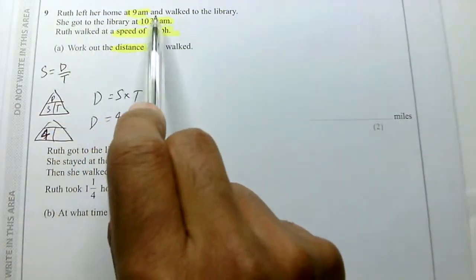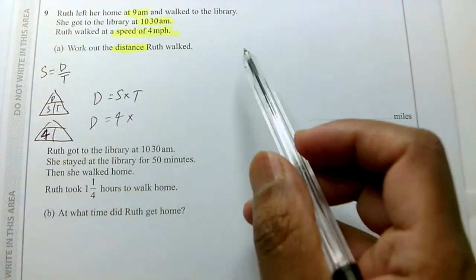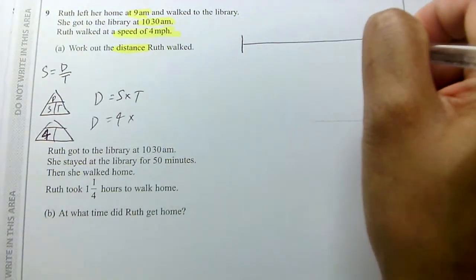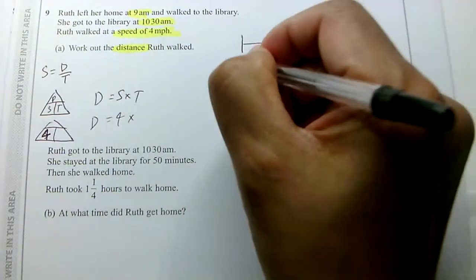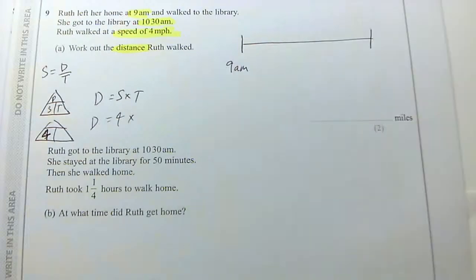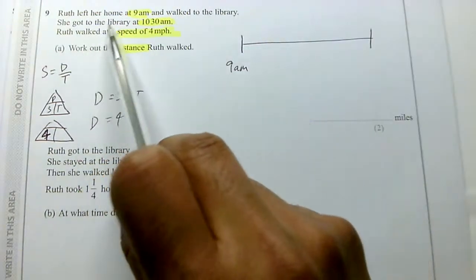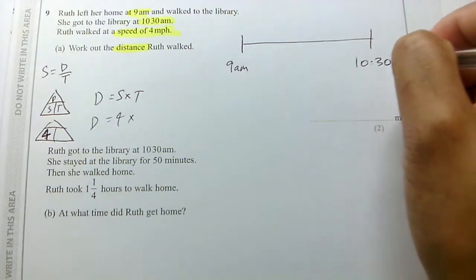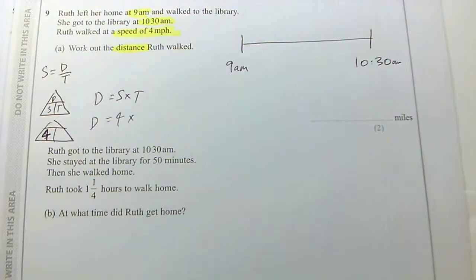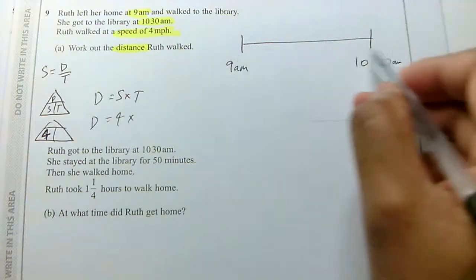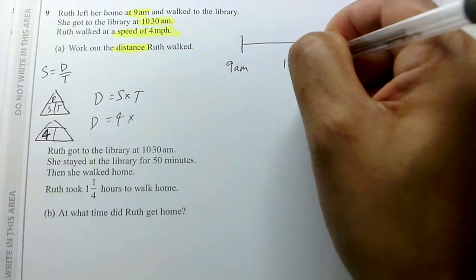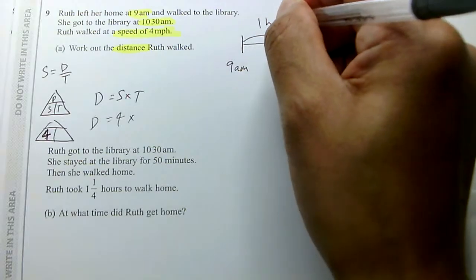So Ruth left her home at, and similarly to the last question, I'm going to draw a timeline. She left her home at 9 a.m. and walked to the library. She got to the library at 10:30 a.m. So that's my 10:30 a.m. So what is that time? So in the middle, I've got 10 a.m. So that's going to be 1 hour.